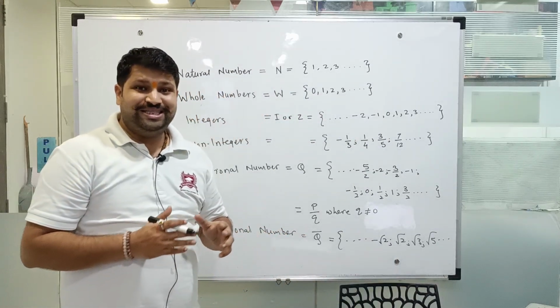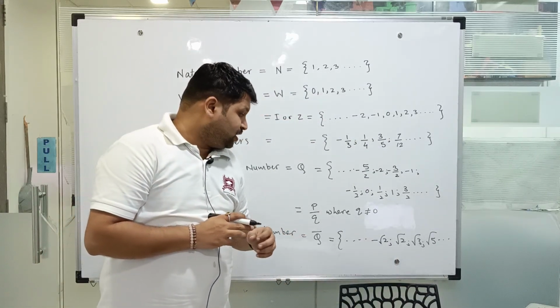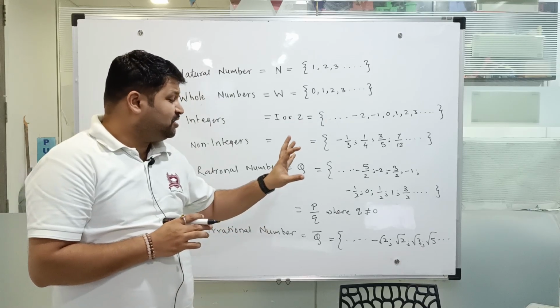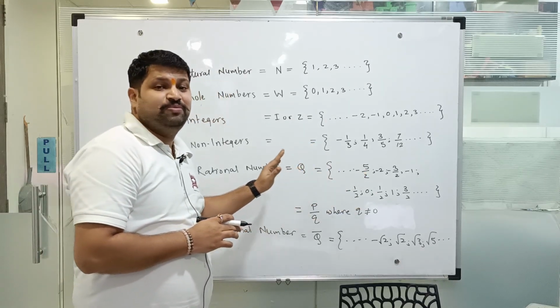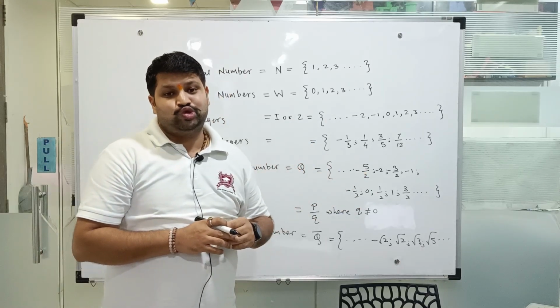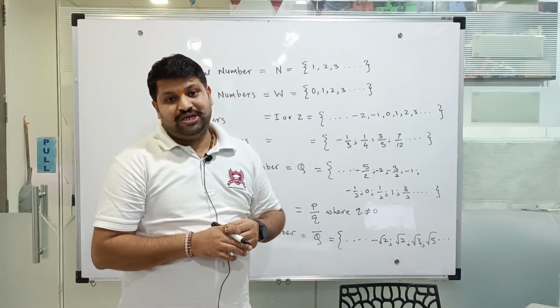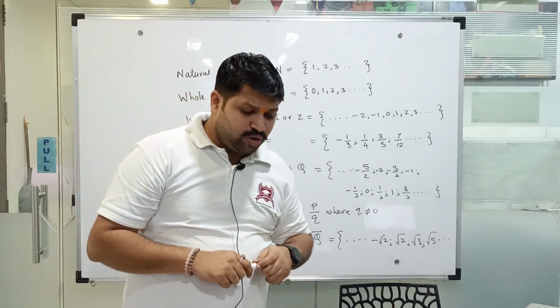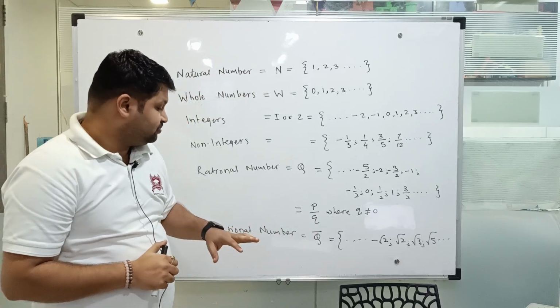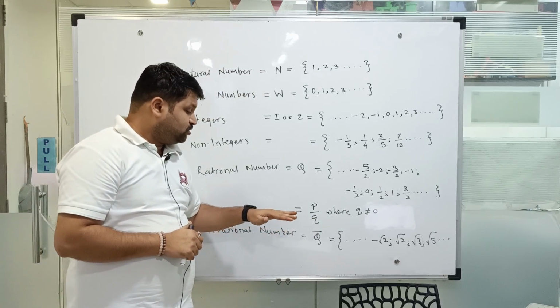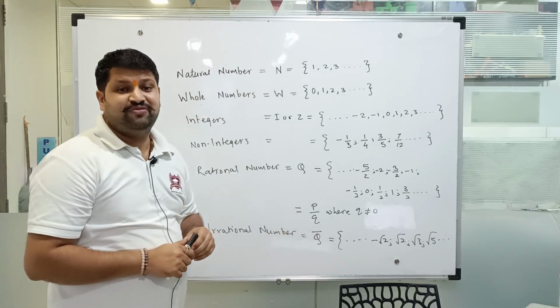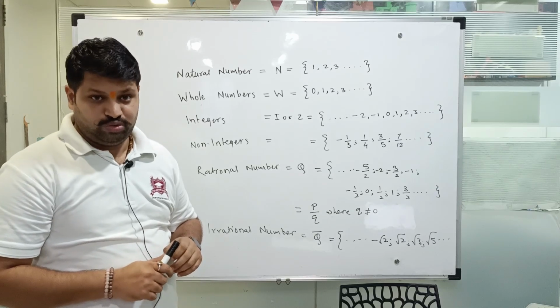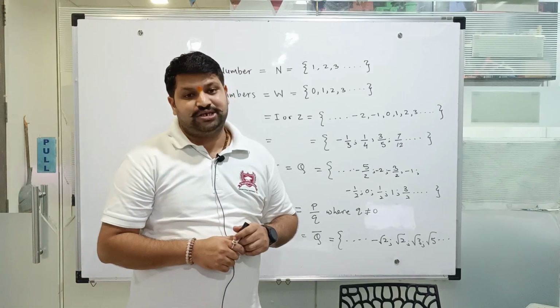So these numbers can never be put in the form of P upon Q. So they are called irrational numbers.